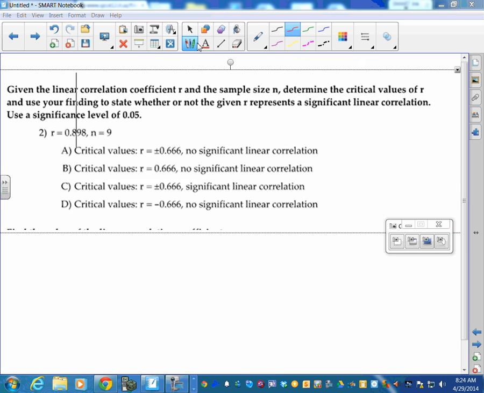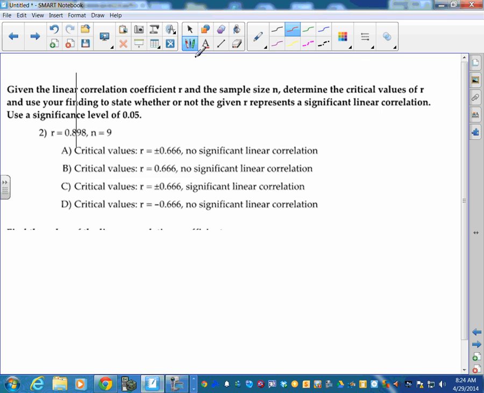Given the linear correlation coefficient, R, and the sample size N, determine the critical values of R. What are the critical values of R, and how do you find them? What does this have to do with anything? Level of significance.